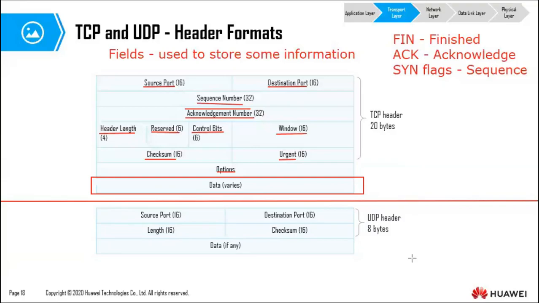Now let's look at UDP. This is the UDP header. One of the advantages of UDP over TCP is that the UDP header is very small, just 8 bytes compared to how many bytes for TCP? 20 bytes.